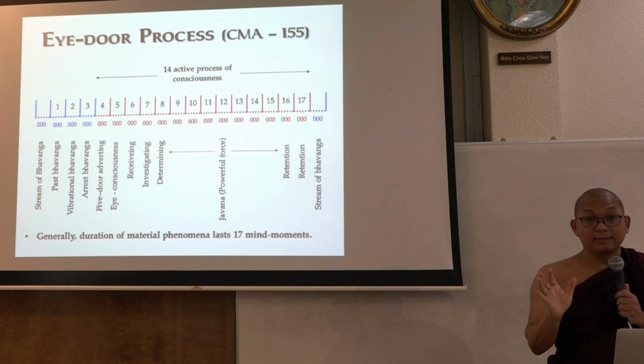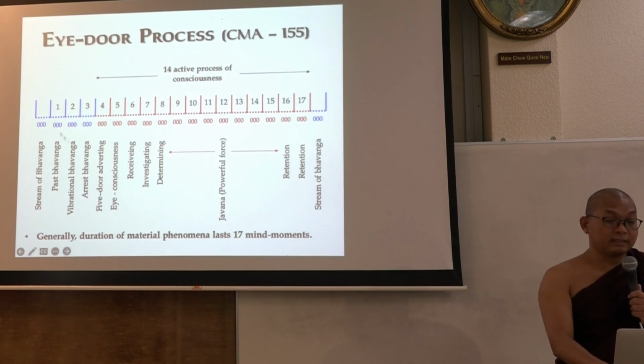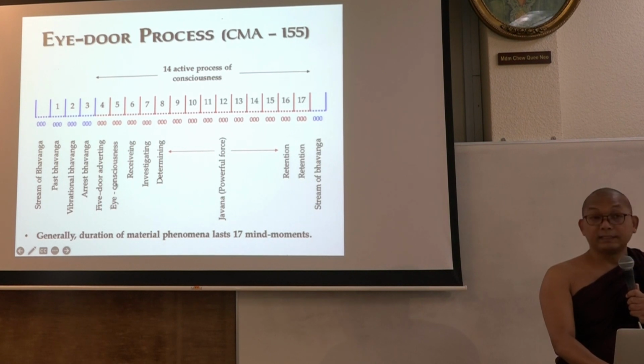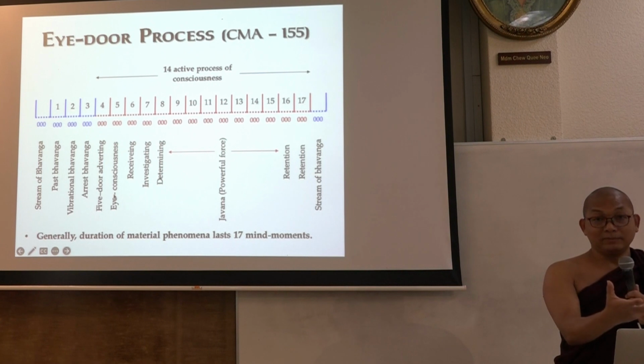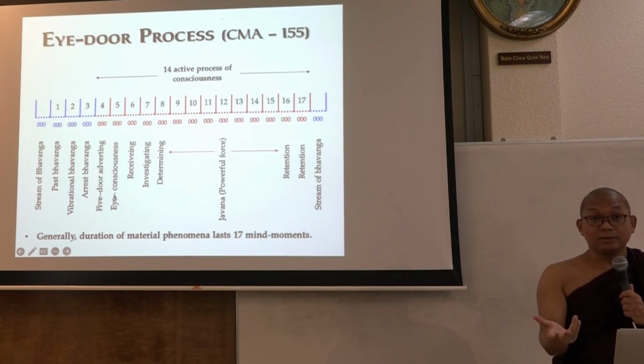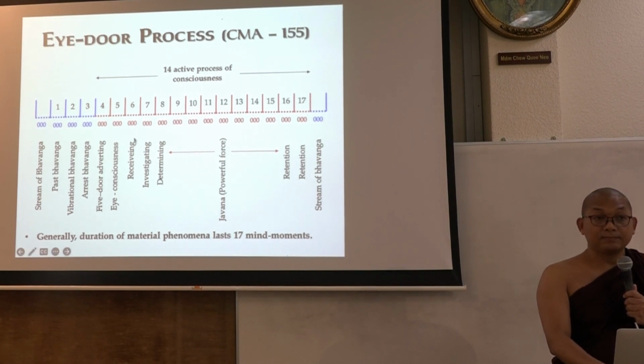You do not know yet, according to Abhidhamma, at the level of unconsciousness. Even though the mind sees the object, you do not know yet. So the mind needs to receive it. Therefore we call it receiving consciousness, right?